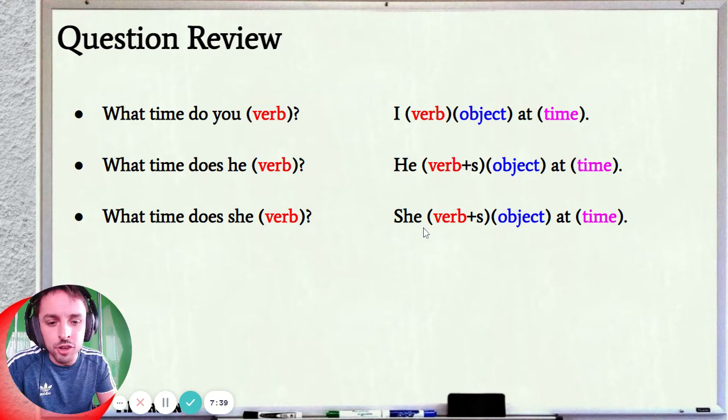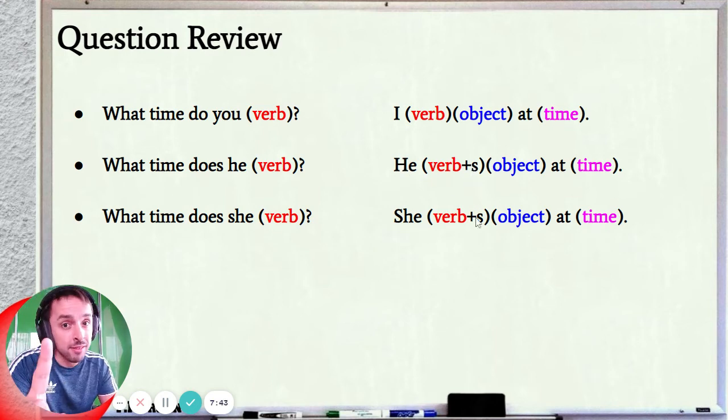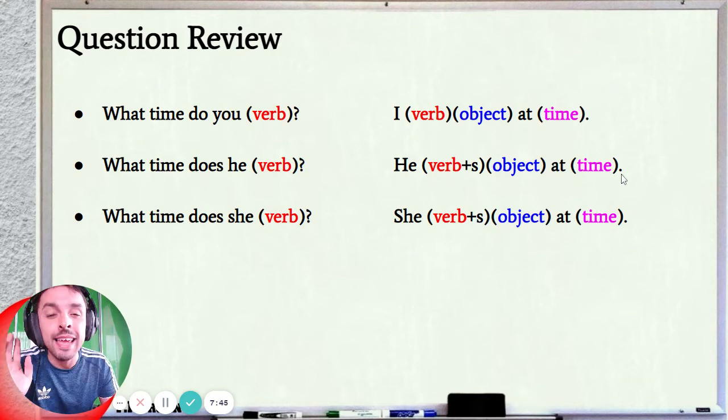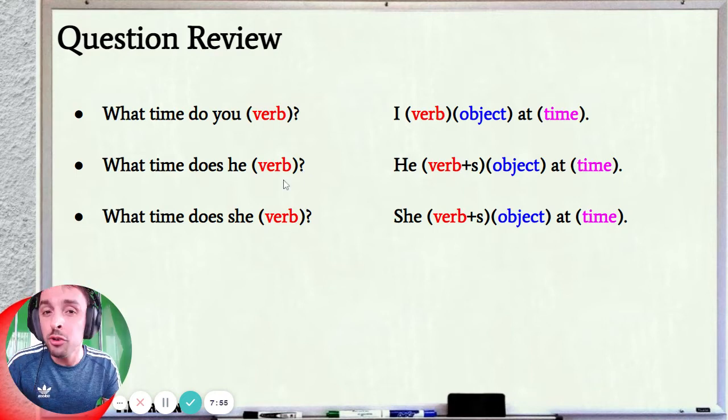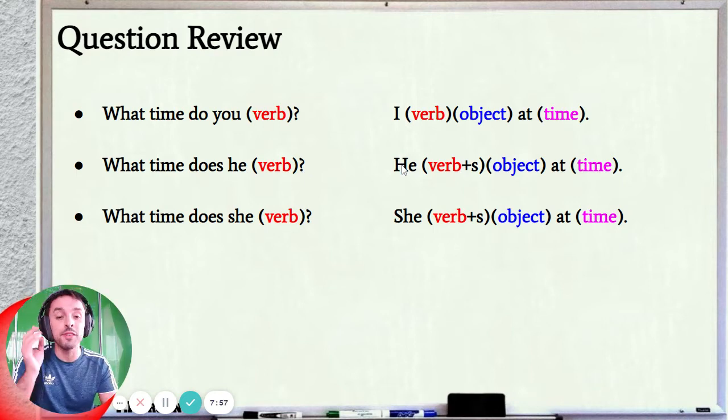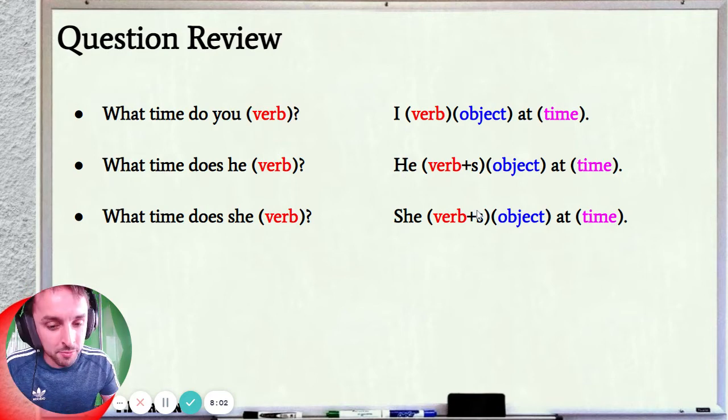Okay, so remember, if it's he or she, you add an S to the verb, but only in the answer, not in the question. In the question, if it's he or she, you don't add an S. But for the answer, you add an S to the verb.